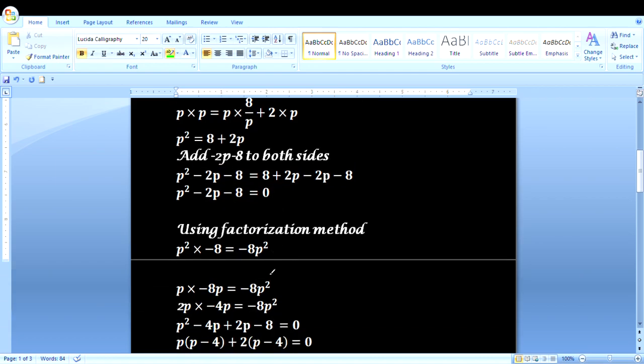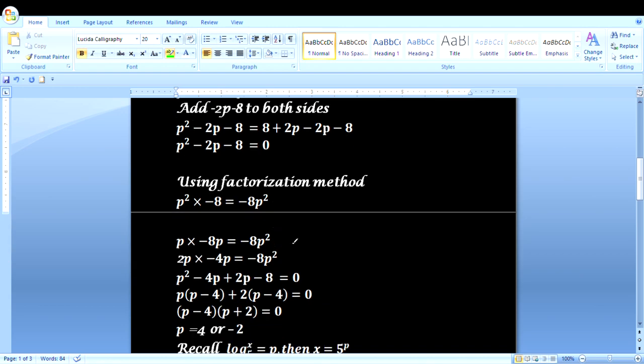So here we can use the factorization method. Using the factorization method, we multiply the term containing p squared by the constant term, and this becomes minus 8p squared. Then let's find all the factors of 8p squared. One of them is p times minus 8p, and the other one is 2p times minus 4p.